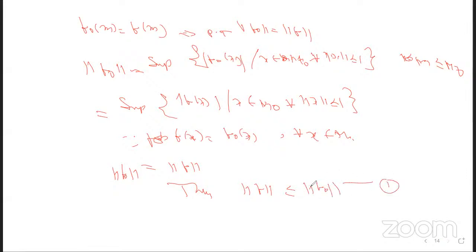Equation number 1, consider. We need to use this further. So we choose R naught in such a way that norm of F0 is less than or equal to norm of F. Next page. So here let x1, x2 be in M.